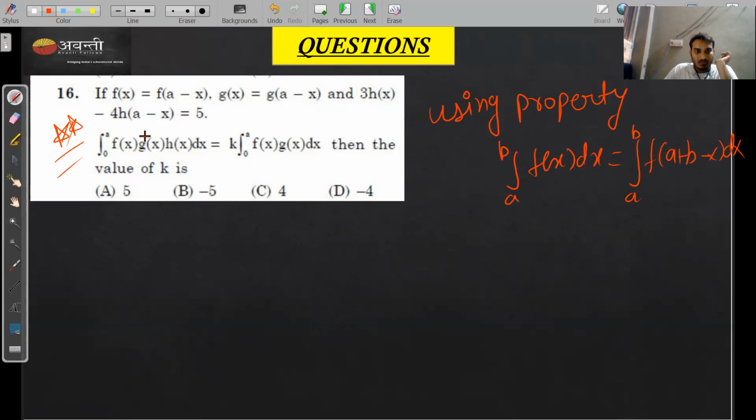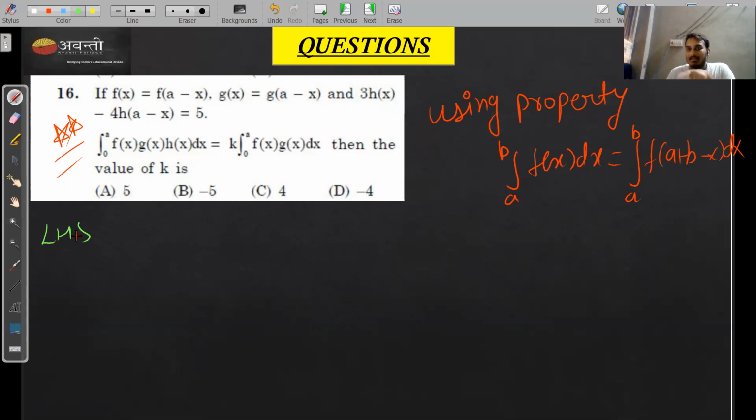Okay, so what I'm doing is, I'm considering the LHS. So what is my LHS? The question is asking that we have to find the integration from 0 to a of f(x) g(x) h(x) dx is equal to k times something, right? K times the integration from 0 to a of f(x) g(x) dx, and then we have to find the value of k, and some relation is given between f of x, g of x, right?